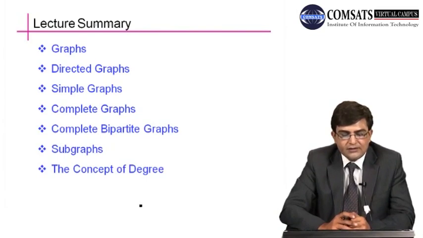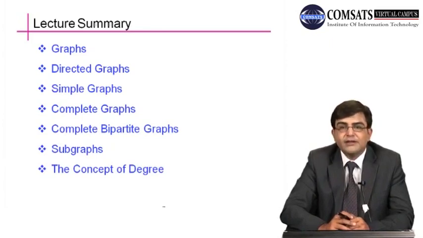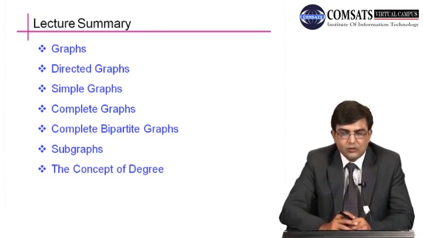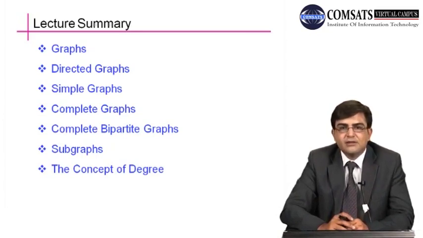We have discussed several examples of graphs, and then we have discussed directed graphs with the help of examples, simple graphs, complete graphs, and complete bipartite graphs. In the next lecture we shall continue this graph theory, and we shall discuss what subgraphs are and the concept of degree and some other topics.